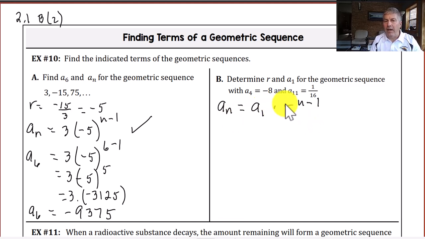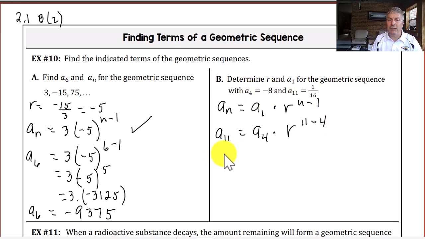So if we had the first term, that's what we would use. But now we have the fourth term and the 11th term. So we can just say a sub 11 equals a sub 4 times r to the 11 minus 4.